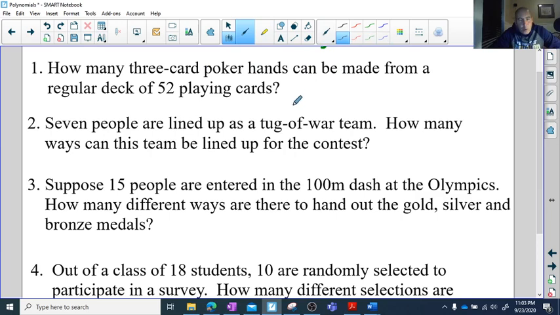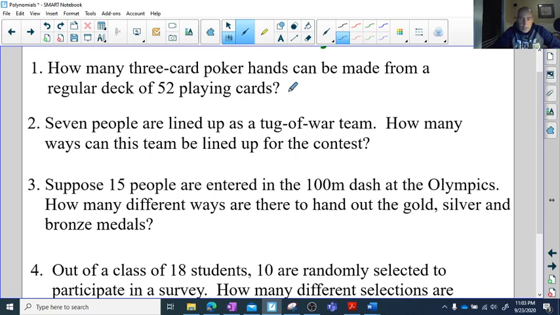How many 3-card poker hands can be made from a regular deck of 52 playing cards? So you've got 52 cards. From that group of 52, you're going to pick a group of 3 and make a poker hand. Do you think the order those cards are sitting in is going to make any difference to the poker hand?